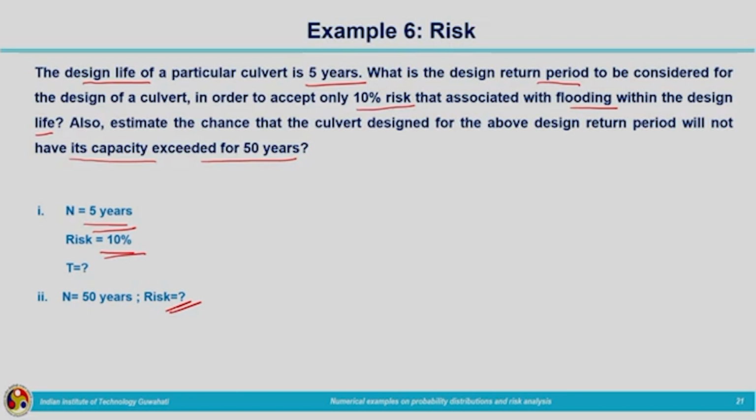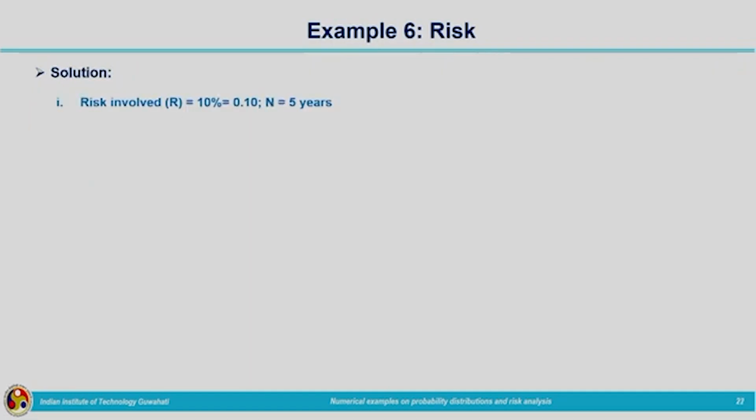The first part is to find out the return period corresponding to an allowed risk of 10%, with the design life of 5 years. The second part is, if we consider the return period calculated in part 1, how much will be the risk associated with that. We can proceed solving the question.